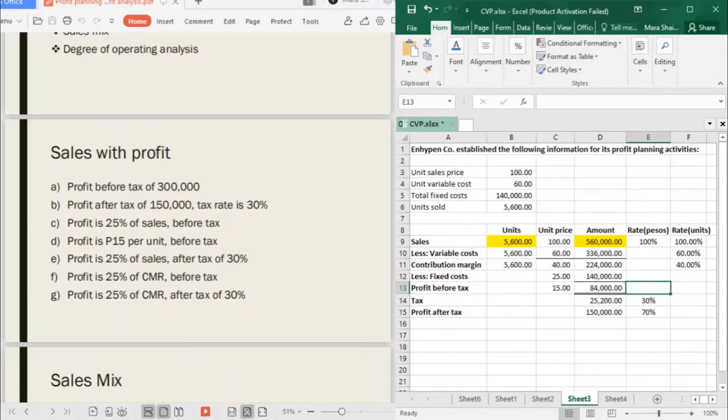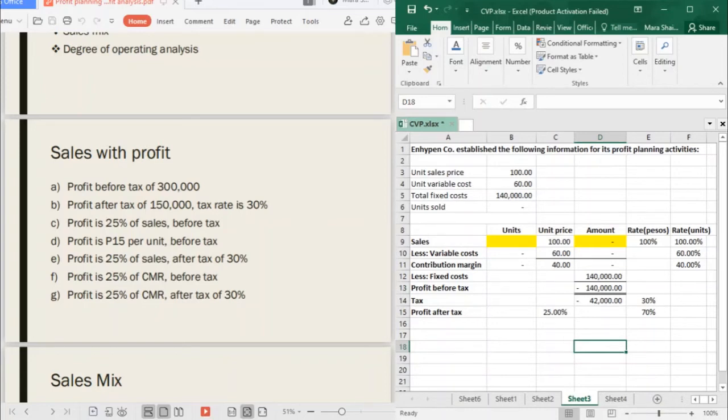Next is, profit is 25% of sales after tax of 30%. Remember, your profit is 25% of sales after tax of 30%.